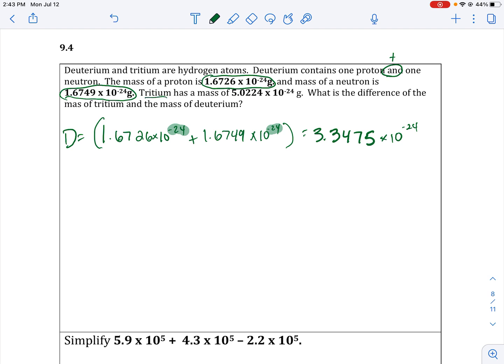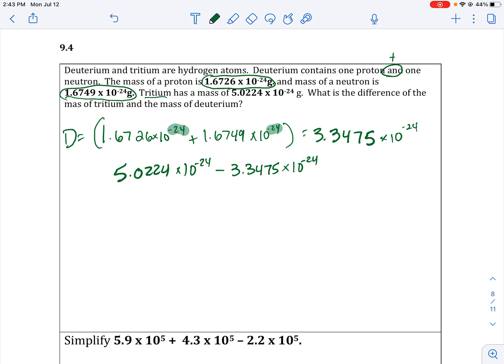Now we add in tritium here, and we want to know what the difference is. So we are going to take our tritium and subtract it from the number we got before.